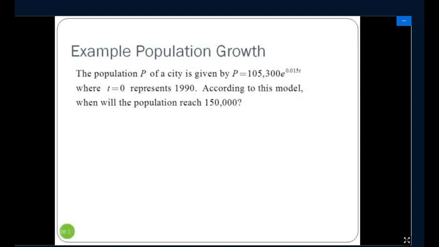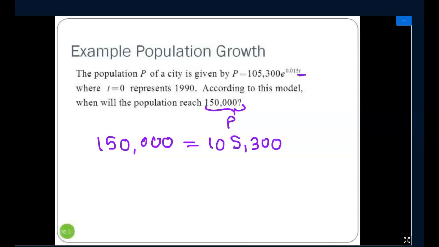So what we want to do is look at that and figure out, okay, what am I looking for and how do I go about finding it? So we are looking for the p-value of 150,000. So we're solving for time. So we got 150,000 equals 105,300 e to the 0.015 t.